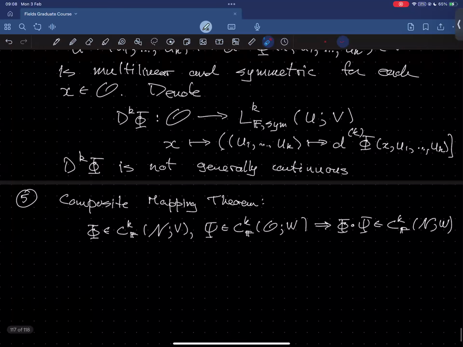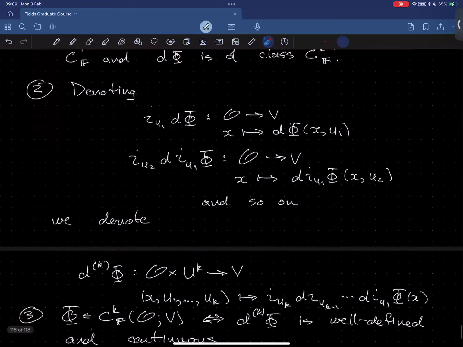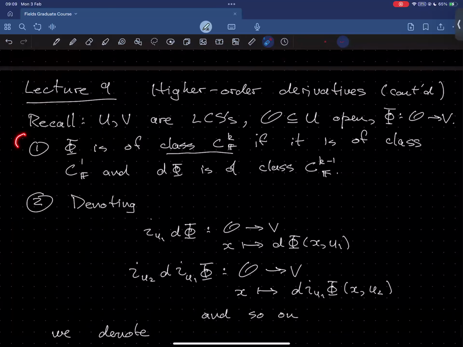So we did all that, and the last thing we did at the end of the lecture last time was we proved what I called the composite mapping theorem. This is like a higher order chain rule, and it just says the composition of C^k mappings is C^k. That was a good proof to look at because it illustrates how you use this definition.